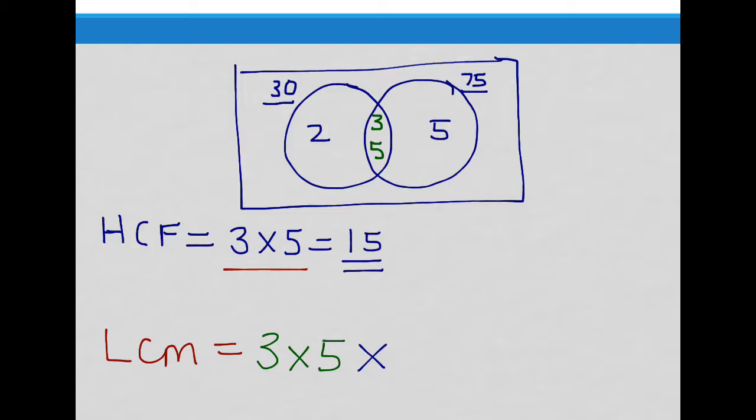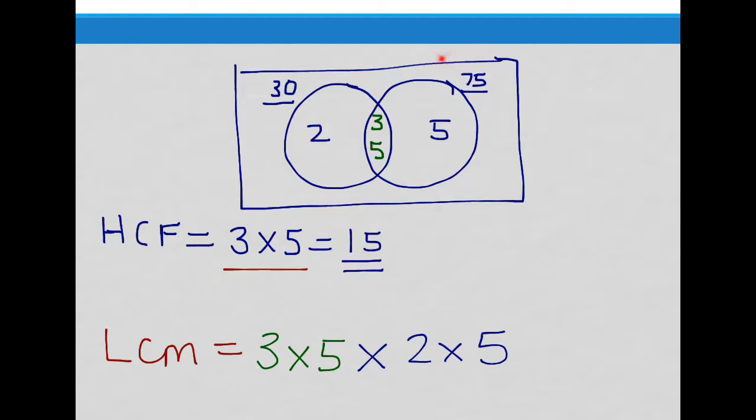Because if you write these down, we know that for it to be a multiple, it's going to have to be a multiple of 2 times 3 times 5, because 2 times 3 times 5 is 30. So it must be a multiple of those 3 numbers multiplied together.